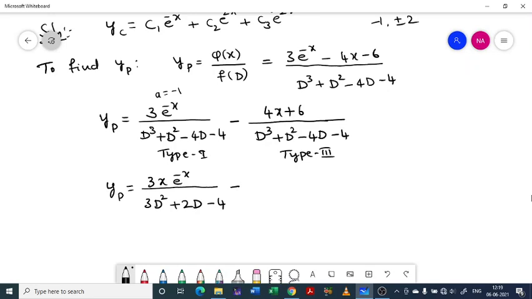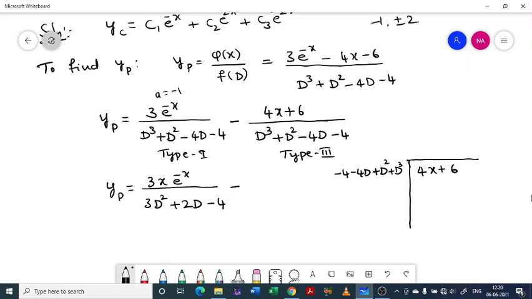Minus, let us come to this. Division of polynomials you have to use: divide 4x + 6 by D^3 + D^2 - 4D - 4, written as -4 - 4D + D^2 + D^3.